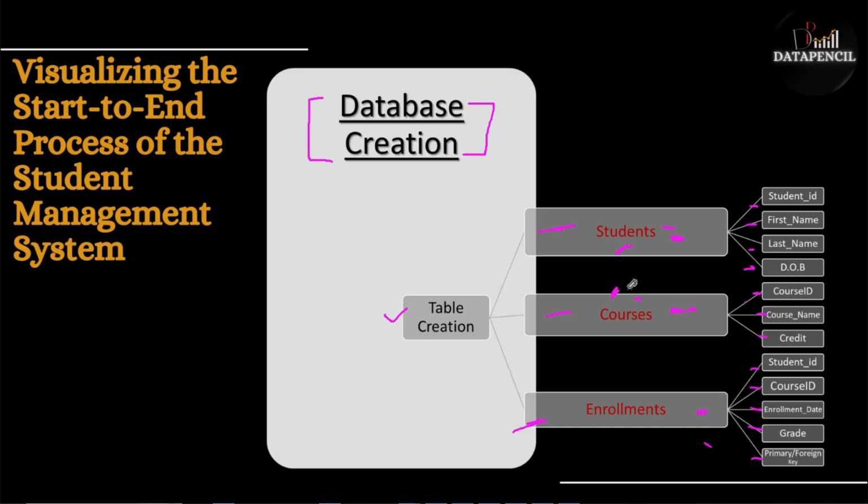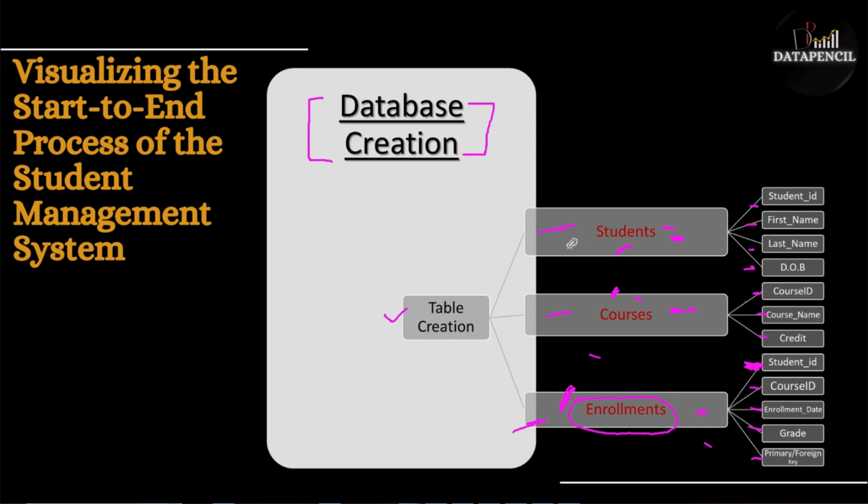So for this purpose, we need another table which is called a junction table. Here the role of the junction table is played by this enrollment table. How? See, in the enrollment table and in the student table, one column is common, which is student ID. Correct? Student ID is common, right?